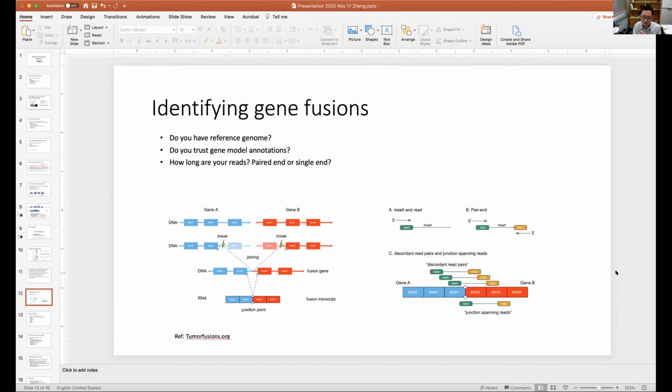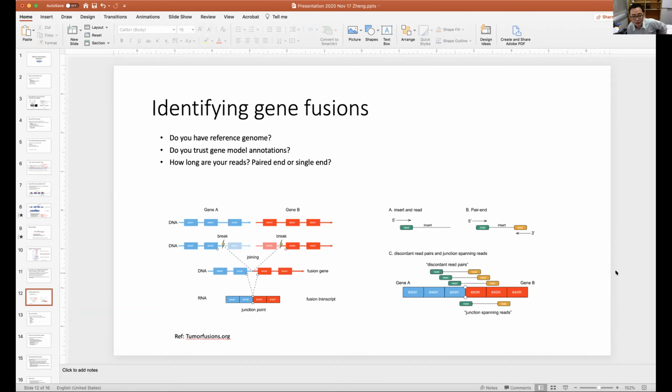If you have two genes and a pair of reads, and each read from this pair aligns to a different gene, then this indicates that gene A and gene B potentially form one transcript in your sample. That is an indication of a gene fusion between gene A and B.